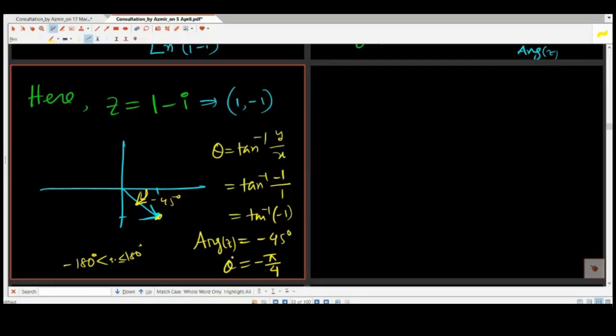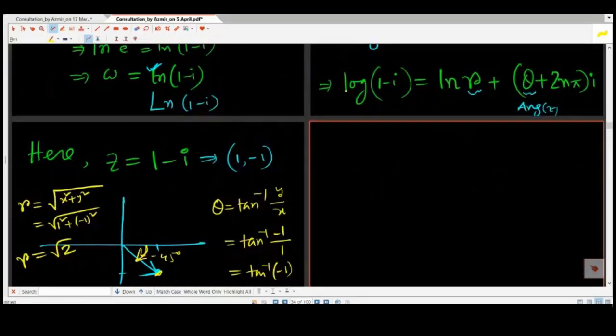Also, we need to have r. So r equals the square root of x squared plus y squared. So 1 squared plus minus 1 squared, that means the square root of 2. This is r.